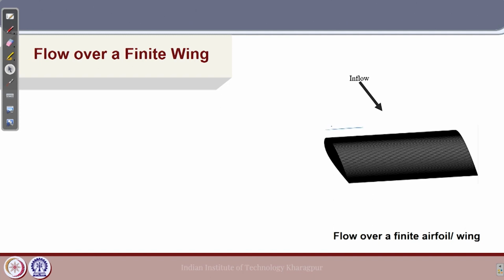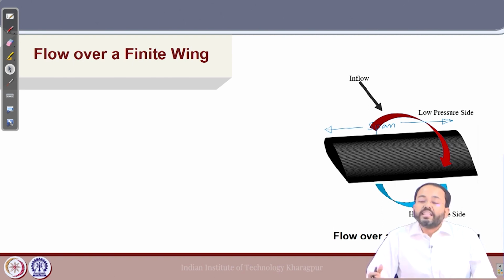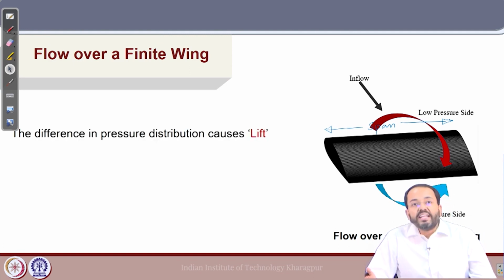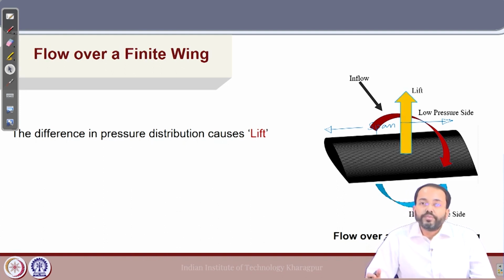As we have seen, due to the inflow over the wing, there will be a high pressure side, which is the bottom part of the wing, and a low pressure side on the top, and the pressure difference between them, as we have seen in the derivation, gives rise to the lift force. So, this is the lift force perpendicular to the inflow direction.